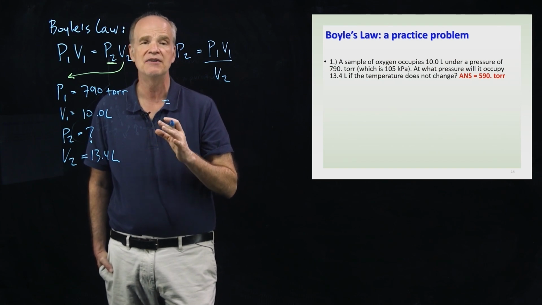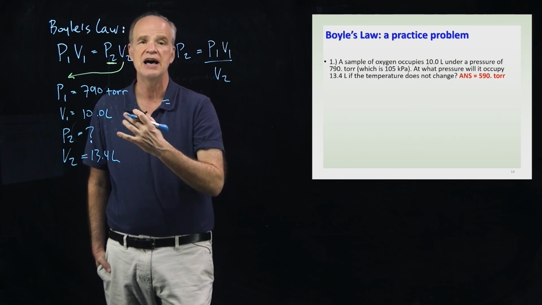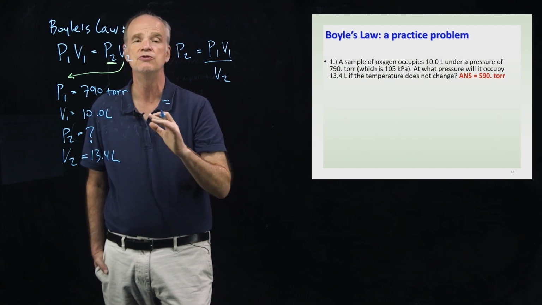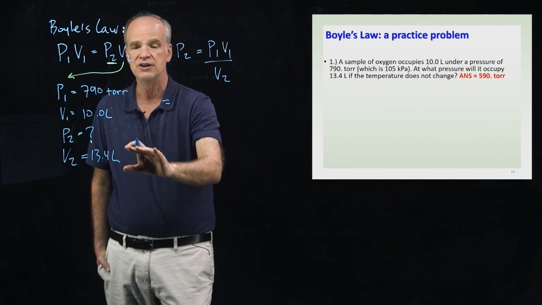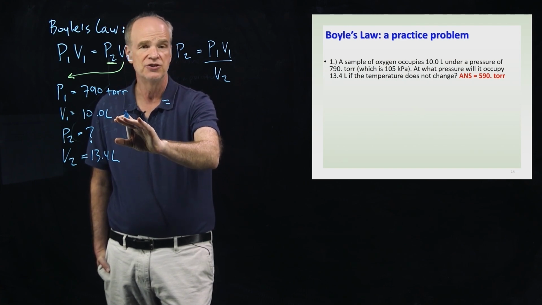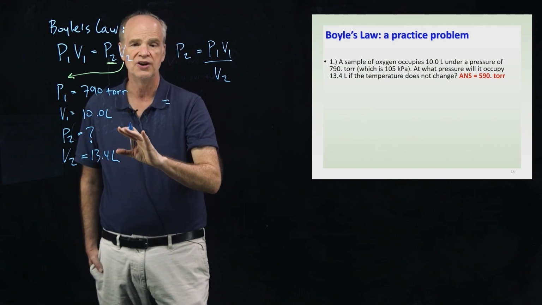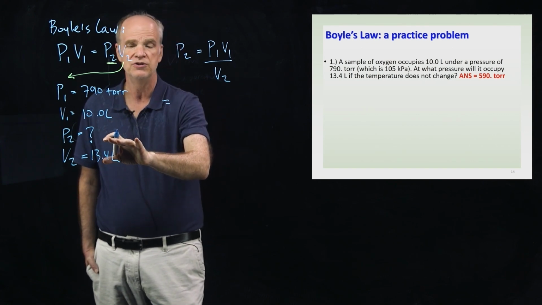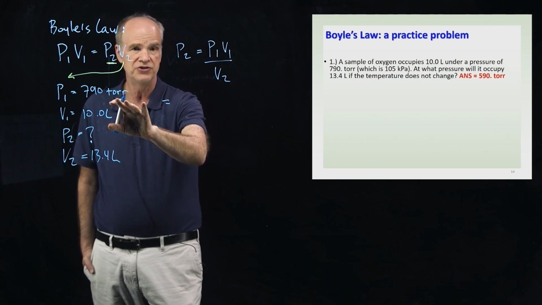You do not have to convert these units to something else. So for example, if you had a problem in milliliters, you would not have to convert it to liters, because your answer in milliliters will be in the same units as the original value in milliliters. Here with pressure, torr is fine.